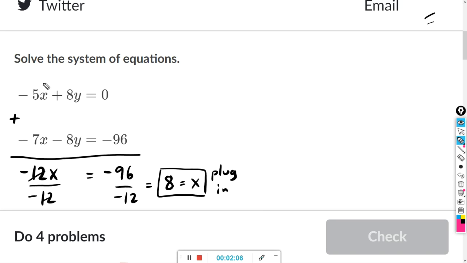So I am going to plug in x equals 8 right here. So rewriting this equation, I have negative 5 times x, which is 8, plus 8y equals 0. Negative 5 times 8 is negative 40.